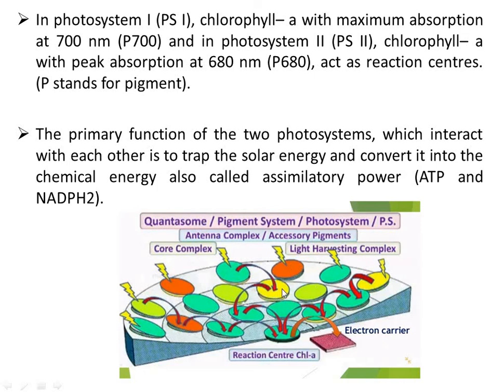I told you already, yellow color is the carotene, orange color is the xanthophyll, and chlorophyll B, which trap the radiant energy and send it to the reaction center of the photosystem, that is chlorophyll A. This leads to the excitation of electrons, and photophosphorylation takes place.